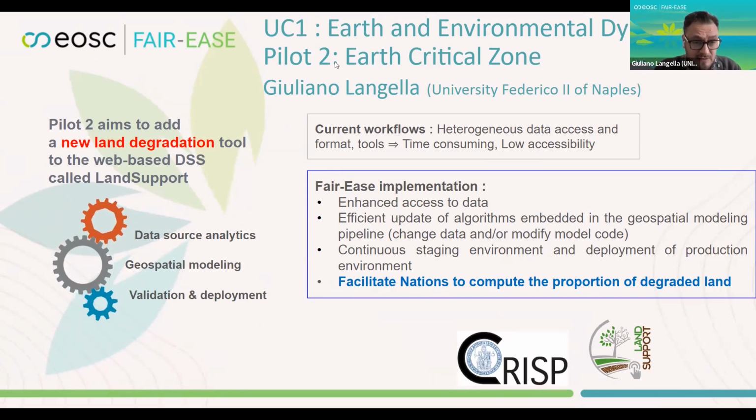This is possible thanks to the strong interconnection of Pilot 2 with CRISP, the CRISP Research Center, where my team is based in, dealing with Earth critical zone. It's important to highlight the strong interconnection with the land support system platform, and within which we will embed this new tool on land degradation calculation.